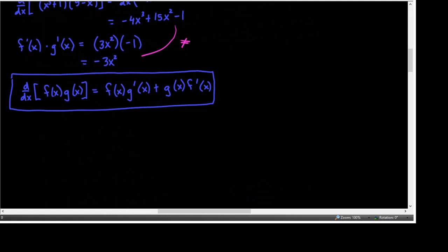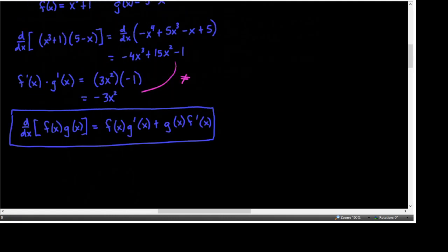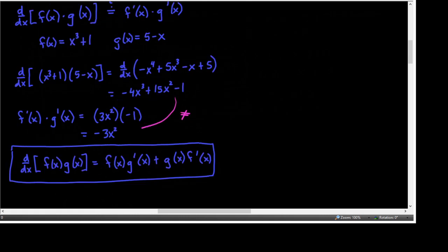So let's go back to that earlier problem and see if using this rule gives us the correct answer, because this answer right here, where we simplified first and then took the derivative, that should be correct. So let's see, what is the derivative of f of x times g of x as defined earlier?